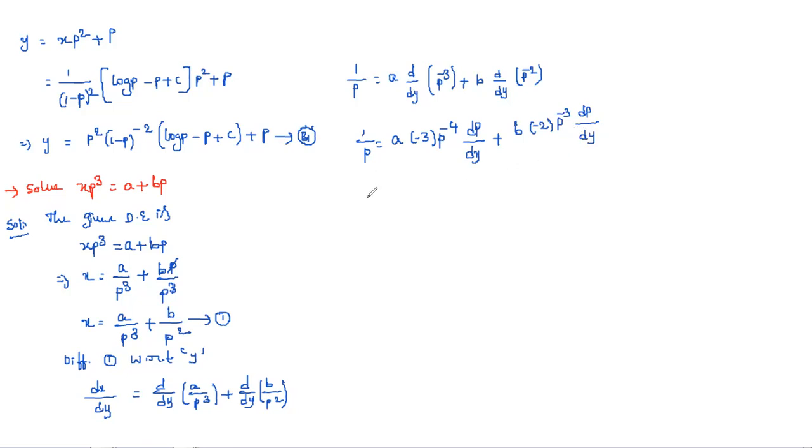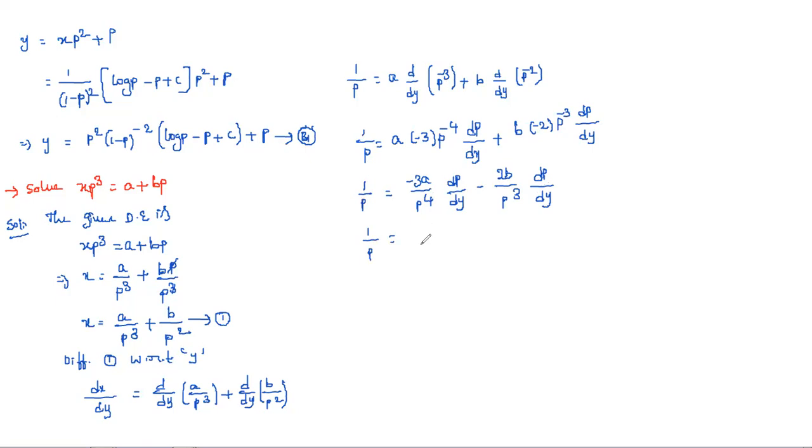Now 1 by p is equal to, so this we can simply write as minus 3a by, taking this into the numerator, p power 4 dp by dy, plus, minus into minus, so plus, minus 2b by p cube dp by dy. Here it is 1 by p is equal to. So can you take any common term from this?